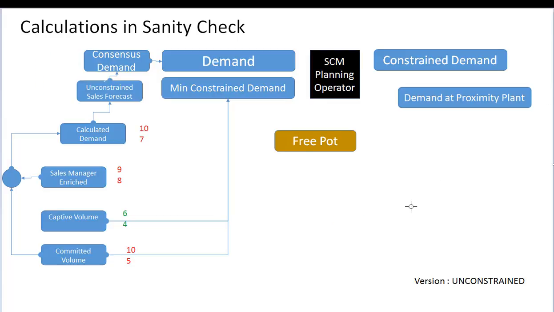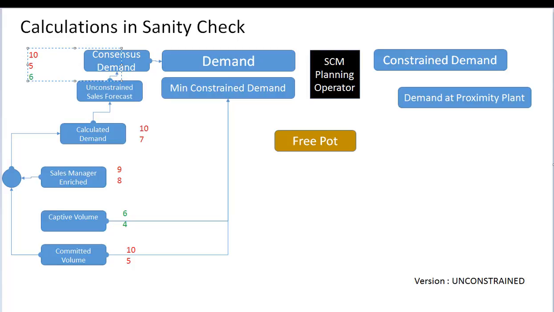In this case, the planner can execute a different set of copy operators that will fill the consensus demand not with the values of the calculated demand, but with the values of the committed volume and the captive volume.